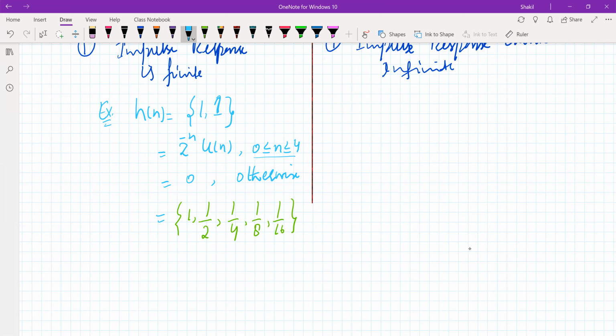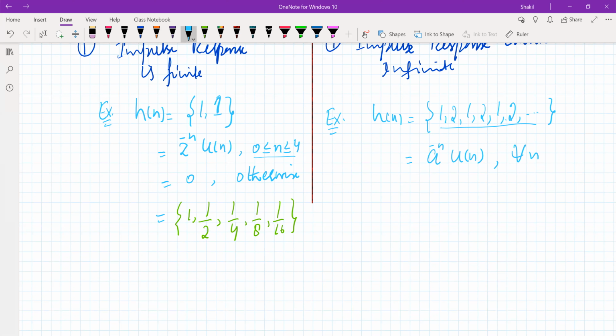Same way, an example of the infinite case, with an impulse response, we can say is 1 comma 2, 1 comma 2, 1 comma 2, and so on. Since this has an infinite duration, we say this is an infinite impulse response system. Or one more example of this is a raised to the power minus m u of n, for all n.